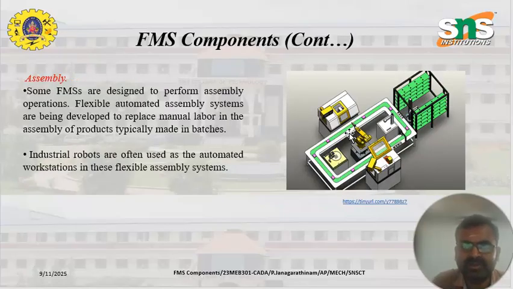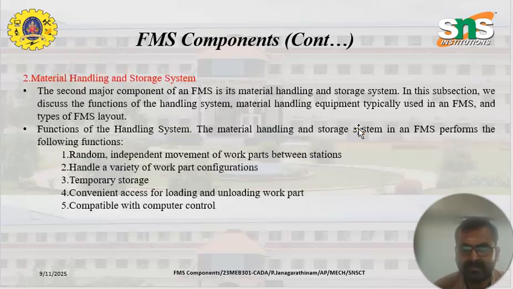In our assembly workstations, we combine two parts to get the whole component. Here, this is the automation system, which is controlled by the control system. Here, robotic systems are used to assemble in the assembly section or workstation.